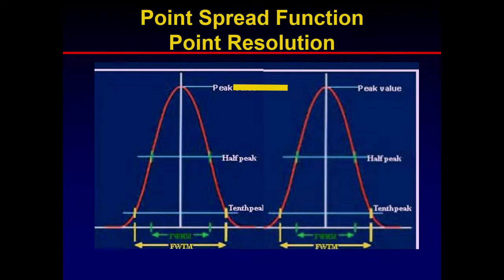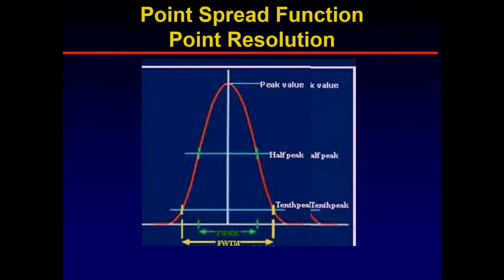All right, but take this example, for instance. Here you have a photopeak, and now you have another photopeak. Look where the full width half maximum is here. That means these 2 points are not distinguishable as separate points because they fall within the full width half maximum.